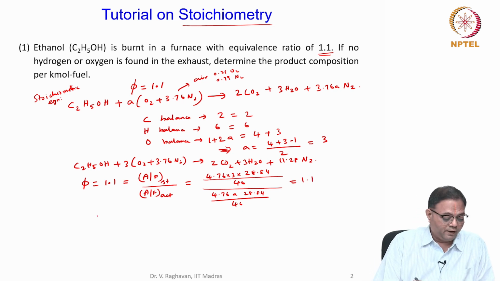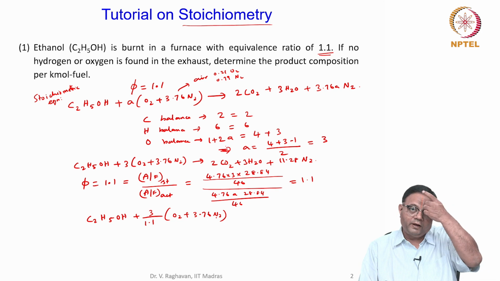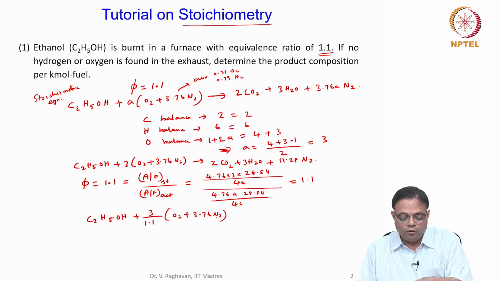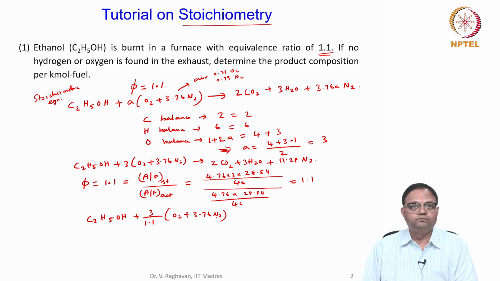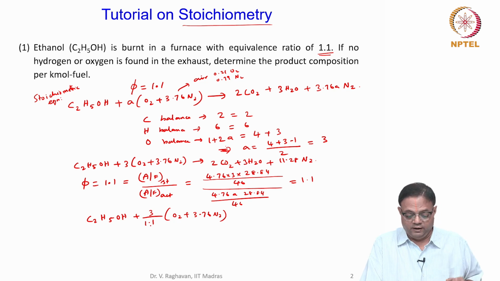So from that I can write the equation now as C2H5OH plus 3 by 1.1 into (O2 plus 3.76 N2). Now please understand, I have to supply at least 3 moles of O2 to completely burn 1 mole of ethanol. But now I am supplying less amount of air, that is 3 by 1.1 is less than 3.